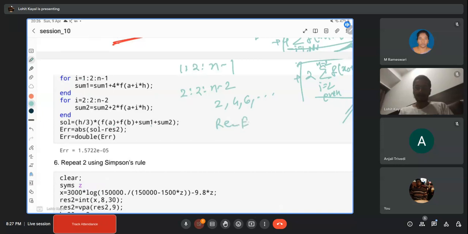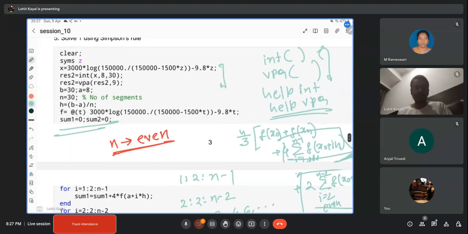The relative error is err divided by abs of res 2. It will be better if you use the relative error, but you can see the difference. Here the error is 1.5 into 10 to the power minus 5, and I have used a total of 30 segments.